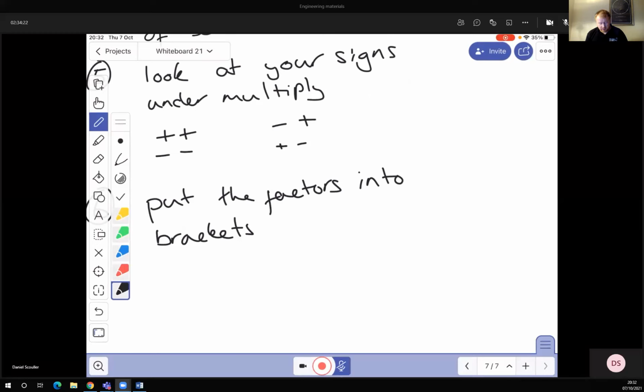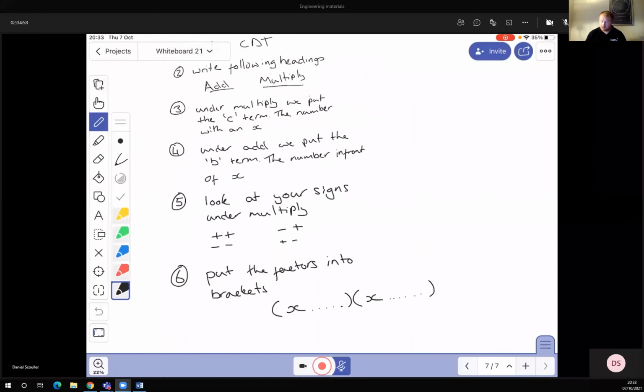It's going to follow the format x plus or minus a number, and then the second bracket will be x plus or minus a number. So we'll have two brackets side by side. That's the format we're looking for when we factorise. Even with difference of two squares, we came up with two brackets, x term plus or minus something. Same for trinomials as well.